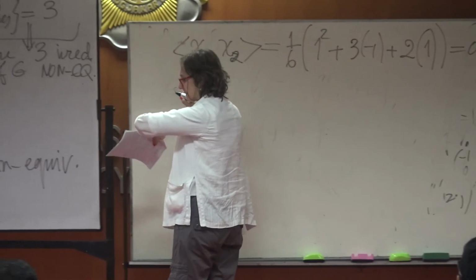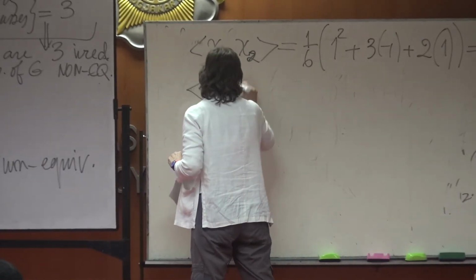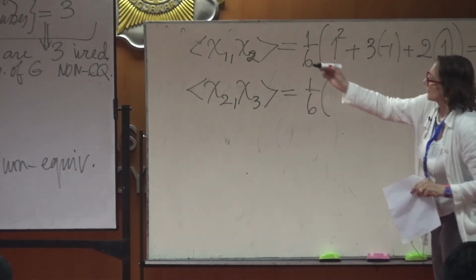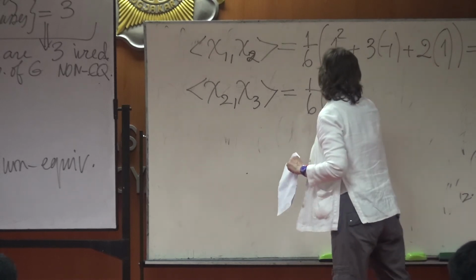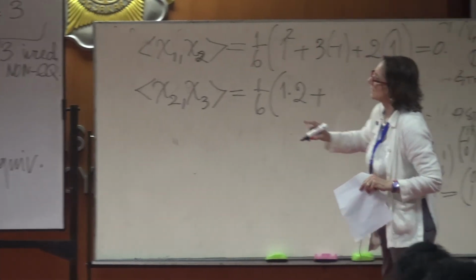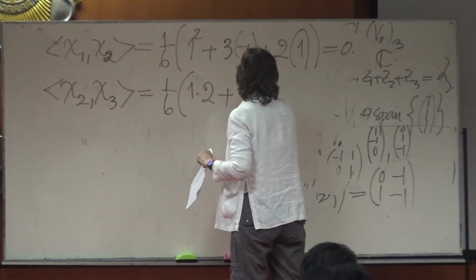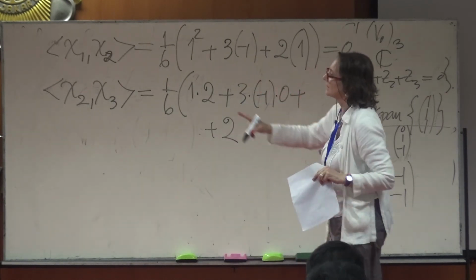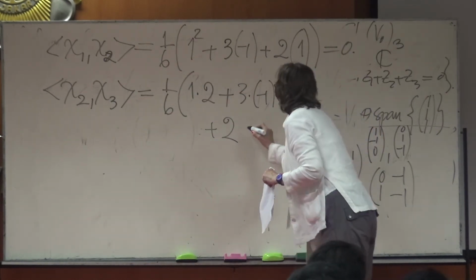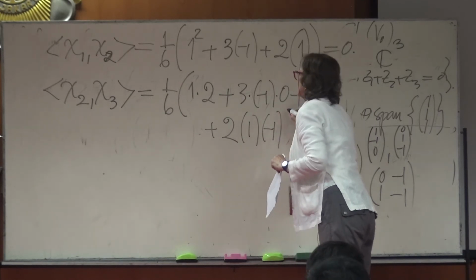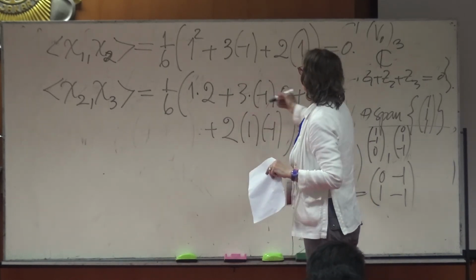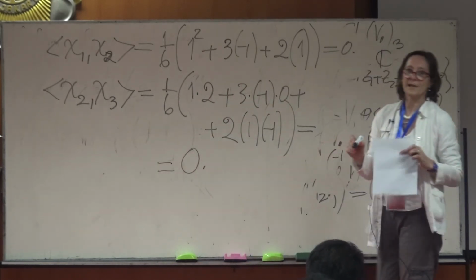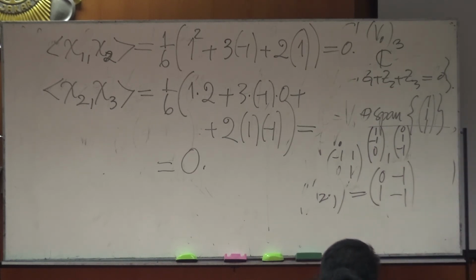If we do Xi2, Chi3, again it's 1/6 times 1 times 2 plus 3 times -1 times 0 plus 2 times 1 times -1. So 2 minus 2, 0, you see? 0, as we expected, but it is just to check it.